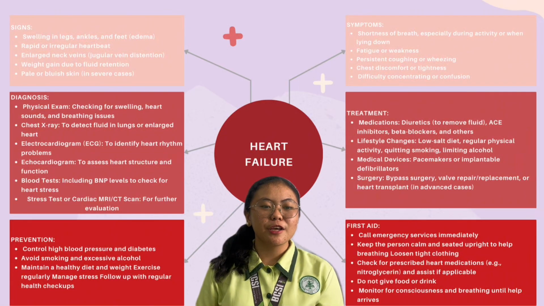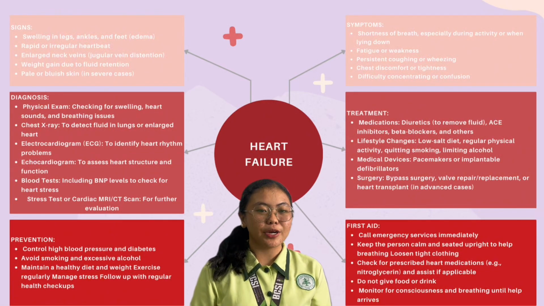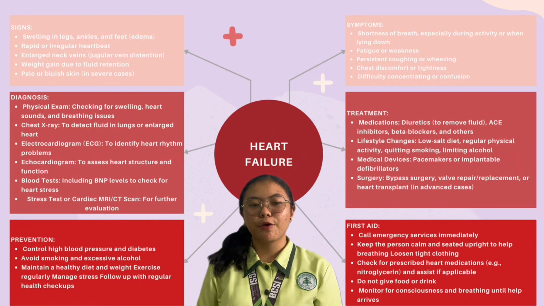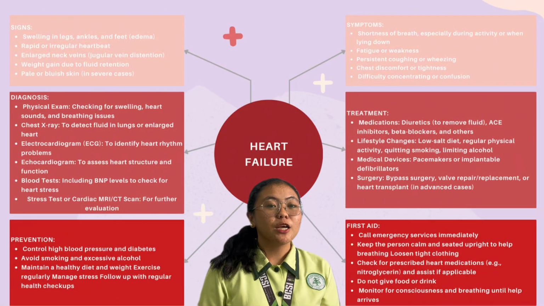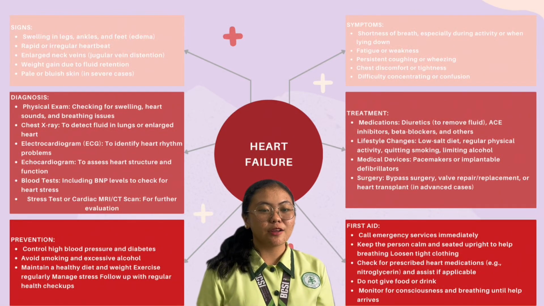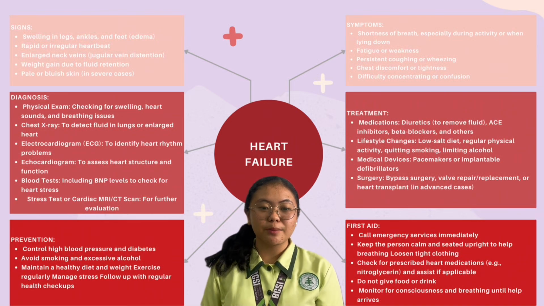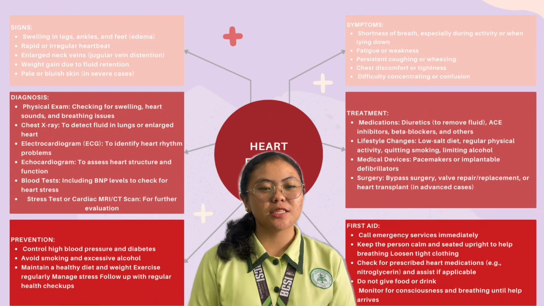Then for treatment, first is the medication: diuretics, ACE inhibitors, beta blockers, and others. Lifestyle changes include a low salt diet, regular physical activity, quitting smoking and limiting alcohol. Then medical devices, such as a pacemaker or implantable defibrillator. So for the diagnosis, first is physical exam.